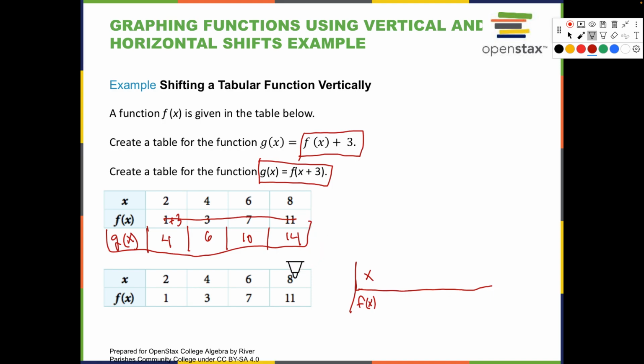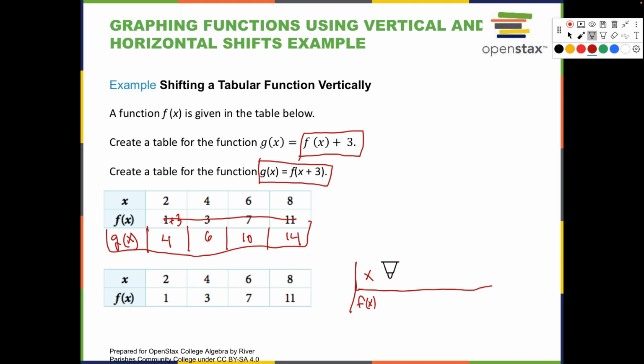To the left. So if we were to graph this, we would want this point to move to the left 3. So we're actually going to do the opposite operation.